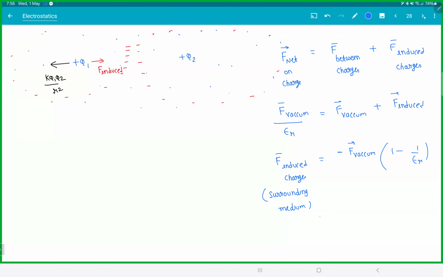Be careful. This is valid only if the entire region is filled with the medium. You have to fill the entire region, technically up to infinity, with the medium. If you just keep a little medium, this doesn't work.